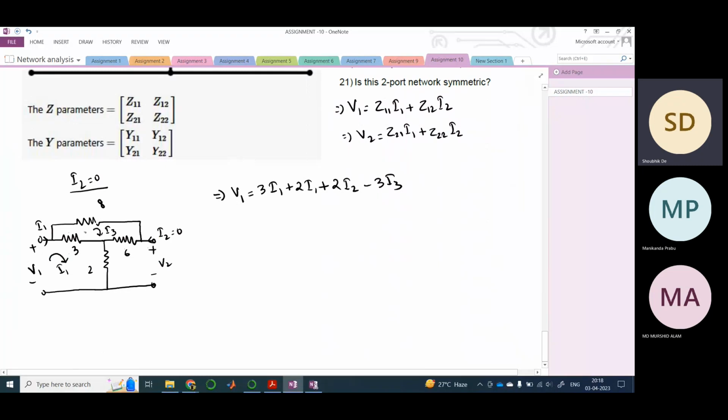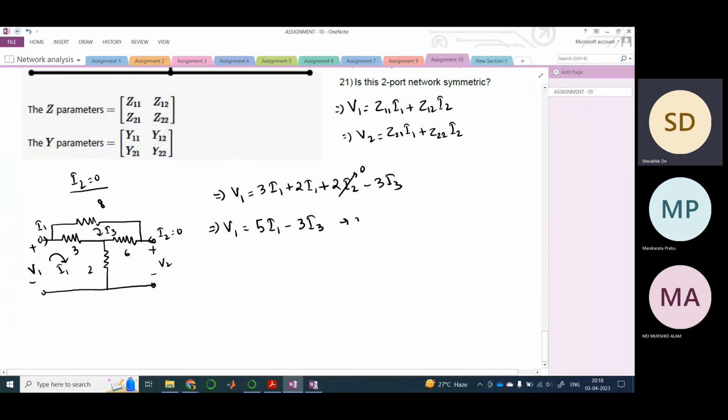So that is why they cancel each other. So this is 3I3, because I3 would be entering the 3 ohm resistance from the right hand side and I1 would be entering through the left hand side. Therefore this minus, and this is of course 0. So V1 is 5I1 minus 3I3.